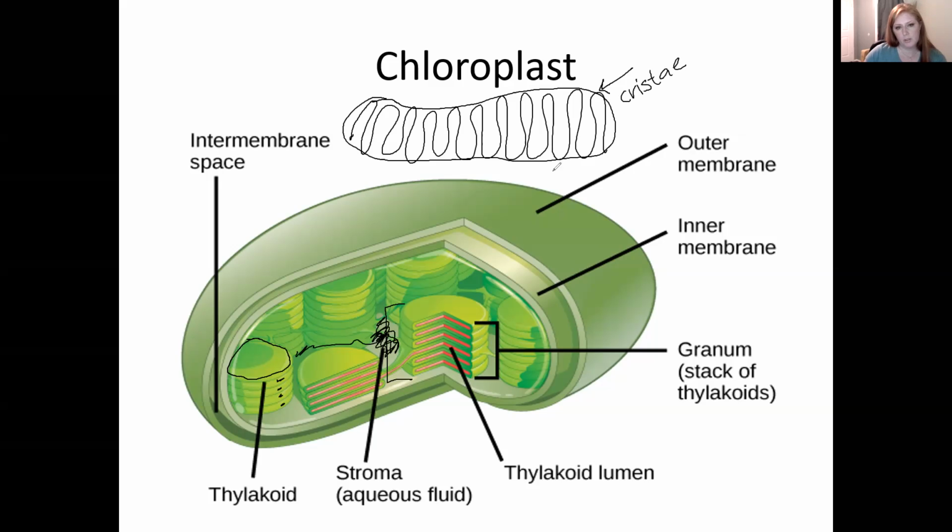I remember that their job was to increase surface area. It did that whole standing in line at Disneyland thing, twisting back and forth to maximize surface area. Well, thylakoids and grana do the exact same thing, but instead of maximizing space horizontally like you'd see in mitochondria, it does it vertically, okay?